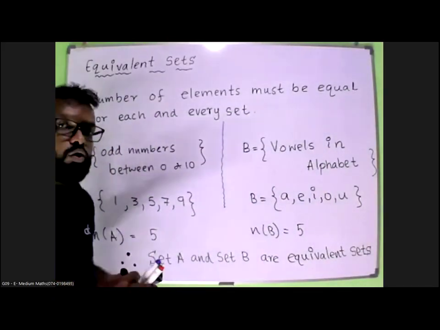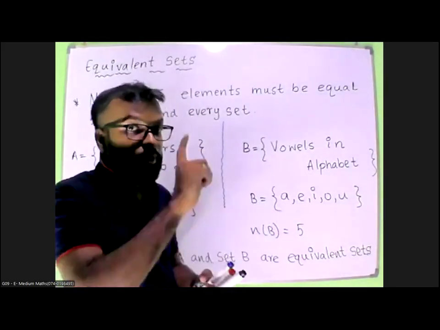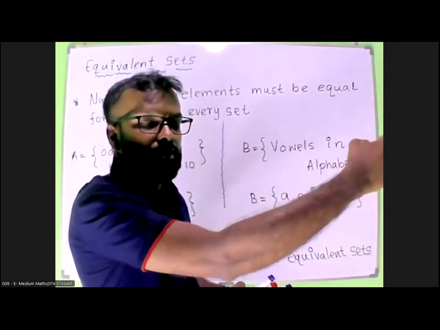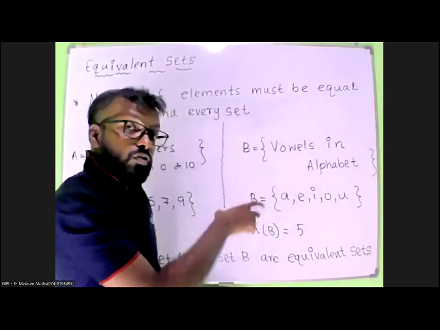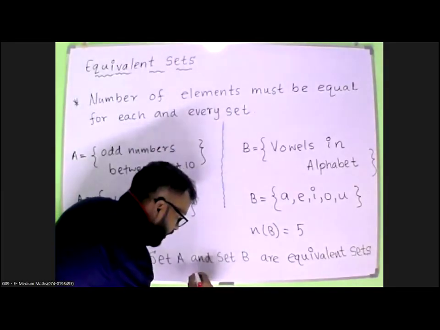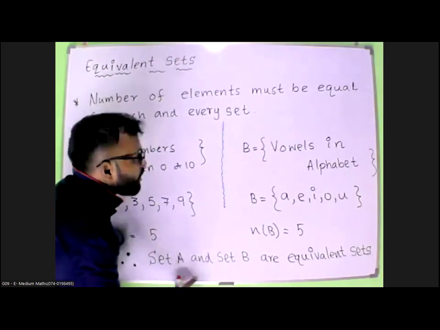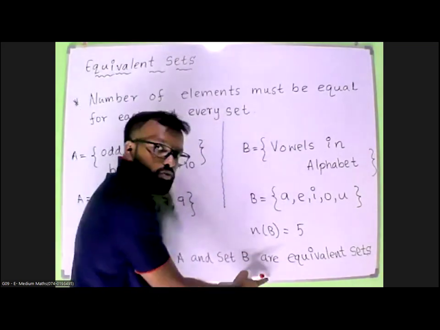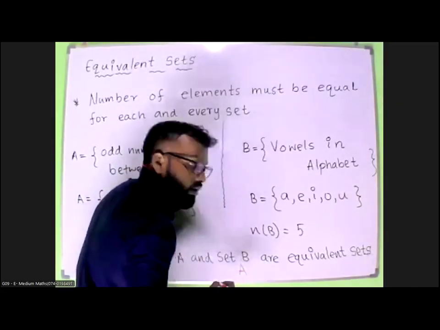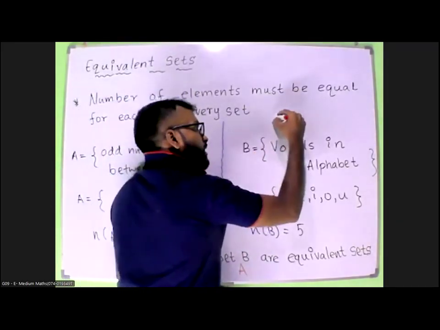So how do we denote it in mathematical form? Previously we denoted equal sets as A equals B. For equivalent sets, this is the way. I am going to write something like this.